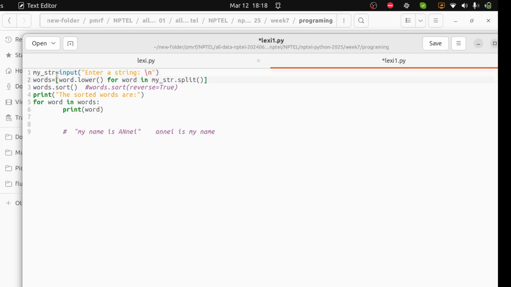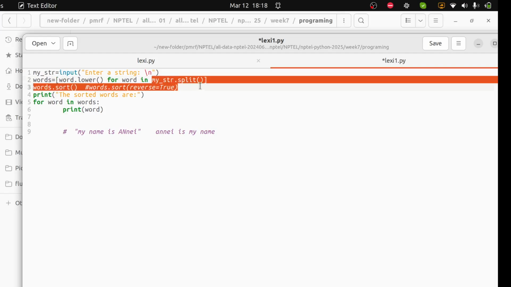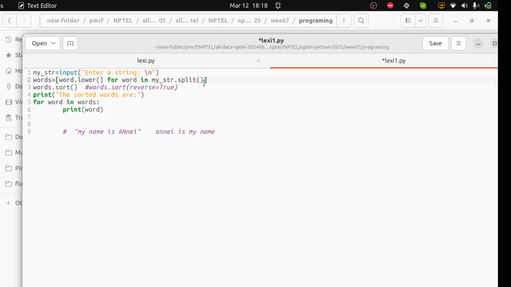But now I just want to do a splitting of these things. Why do I want a splitting? Because I want an ordering of these names so that I can have a lexicographic order. So to have the splitting, I will write here my string split. Right? My string split means whatever the string will be there, that will be split into words.